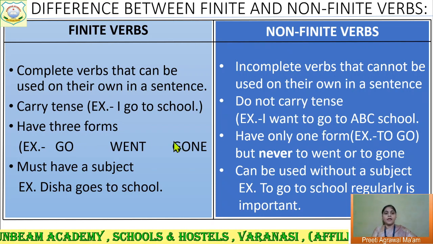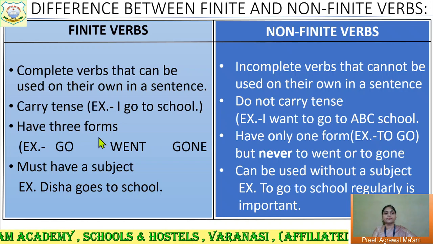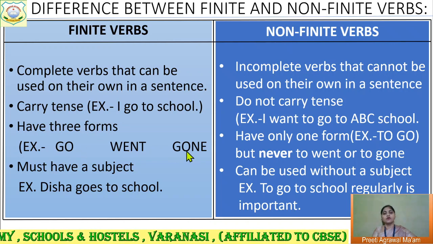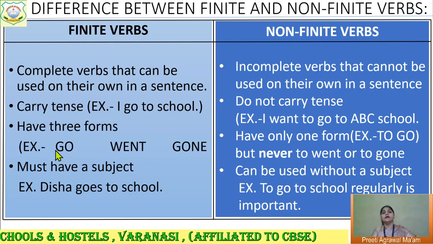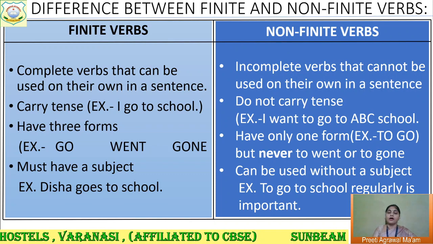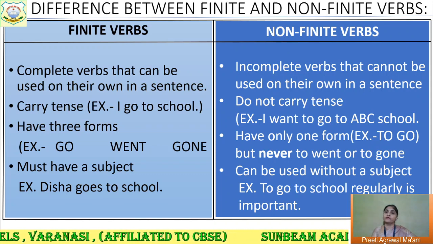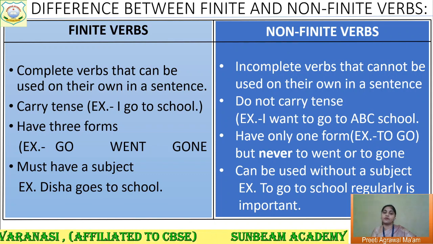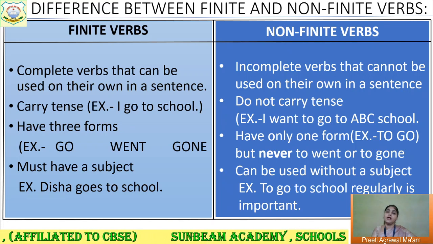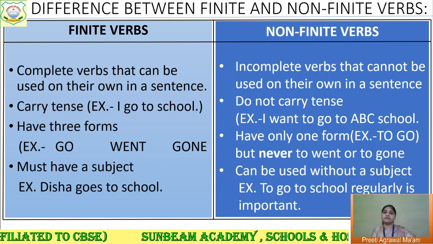Clear? Finite verbs have three forms: go, went, gone, or any other verb. If you are taking any other main verb, all the main verbs have three forms. I have given here only one example: go, went, gone. In this way, many other main verbs can be there, and all the main verbs have three forms.